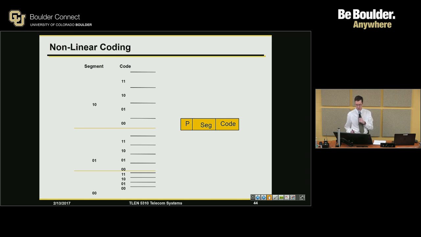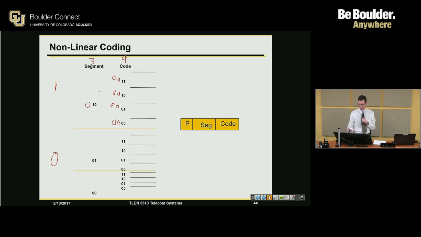In order to do that, we have a coding that looks like this, where if it's positive, we prepend it with a 1. If it's negative, we prepend it with a 0. The code is actually 4 bits, and the segment is actually 3, but to simplify it, I've just done 2 and 2. If I expand this back out to 4 bits, it could be something like that.